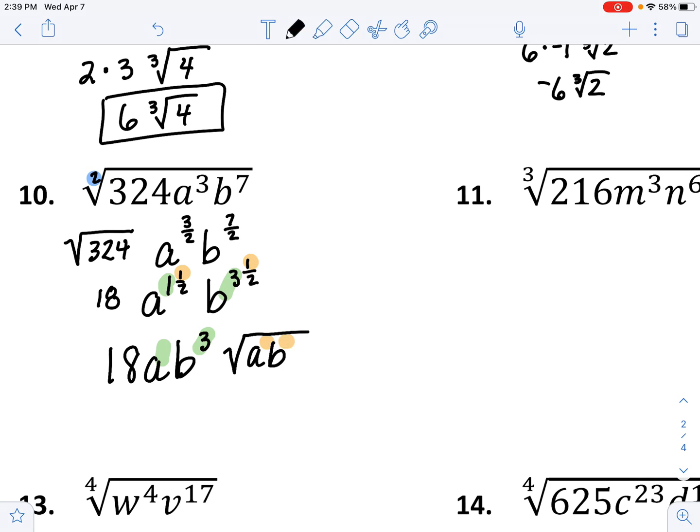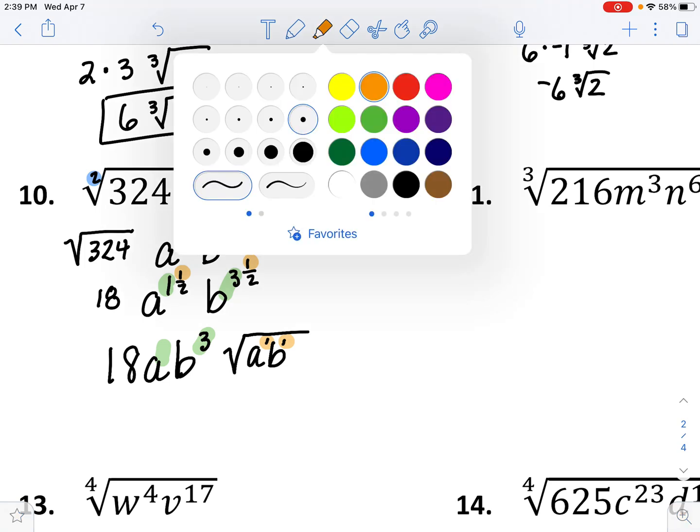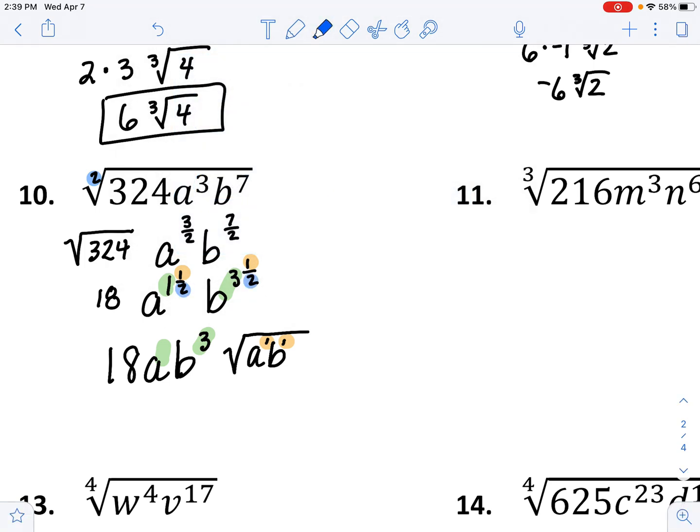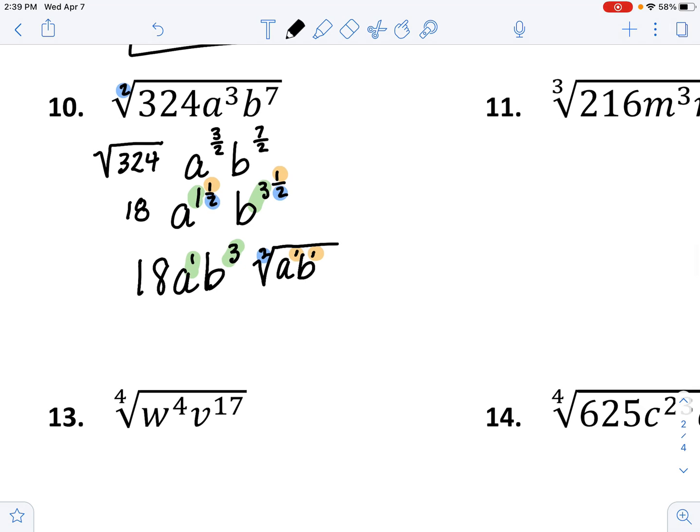So you can put 1s there if you want, but you don't need to. And then the denominator is your index, which for square root, we don't have to put it there, but if you want to, you can. Okay? So there's what it would be like if we exactly followed the rule, but it looks kind of wacky. So I would just write it as 18a b cubed square root of ab.